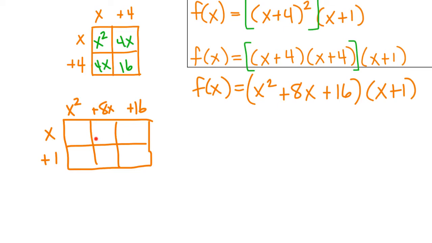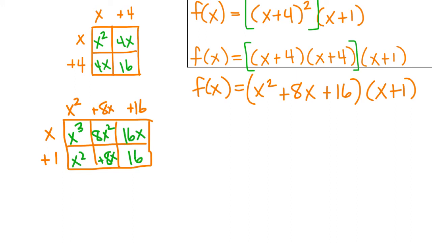X squared times x gives x to the third power. 8x times x is 8x to the second power. And then 16 times x is 16x. Now for the bottom row, x squared times 1, 8x times 1, and 16 times 1. Anytime you multiply by 1, it's just going to stay the same. So I'm going to rewrite x squared plus 8x plus 16.